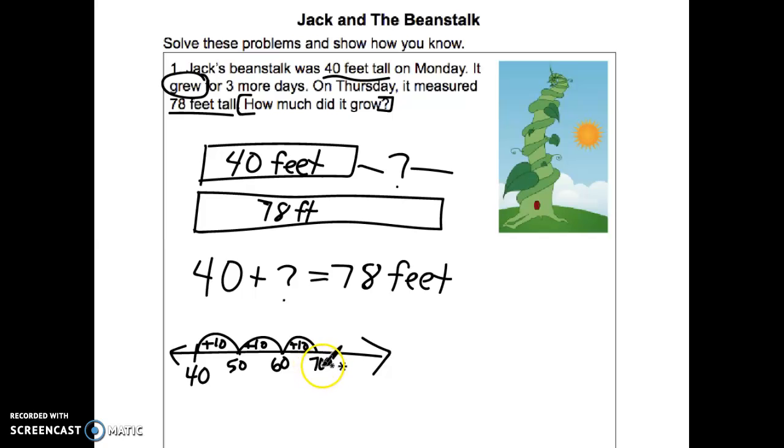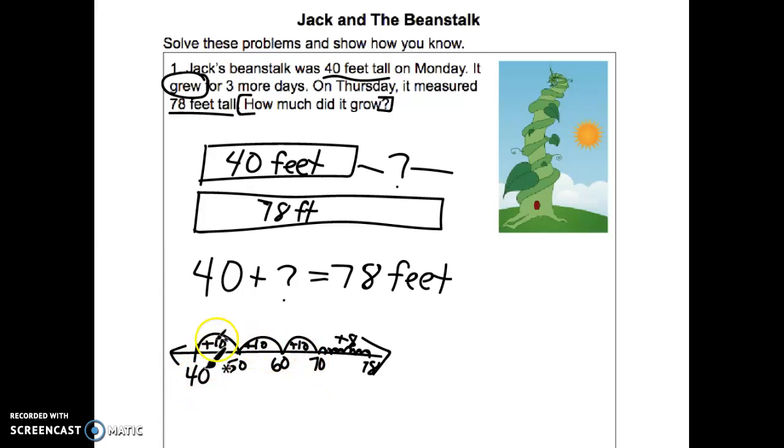How many jumps will it take for me to get from 70 to 78? Let's find out. 1, 2, 3, 4, 5, 6, 7, 8. 71, 72, 73, 74, 75, 76, 77, 78. That took 8 jumps.